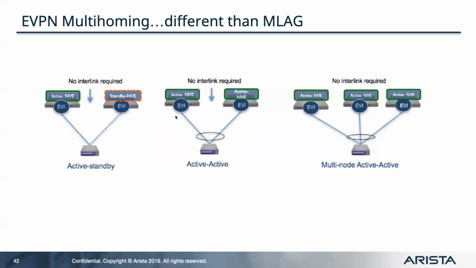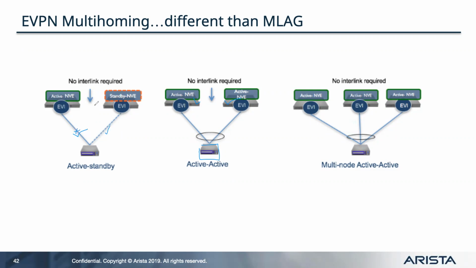So this is called multi-homing. Multi-homing means you have two different vendors, or you don't have MLAG between two different devices, but your host is still connected with both of them. The host is multi-homed. Now it can work in different ways. One, the host can be active and standby, so this link is always active and this is standby, and as soon as this link goes down, this will become active.